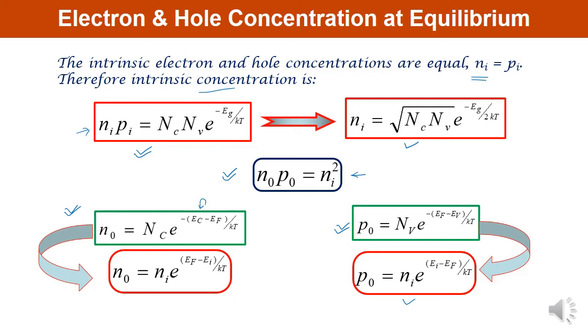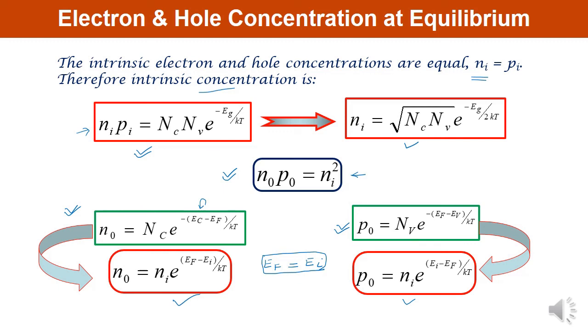So this form of equation indicates directly that electron concentration is Ni when Ef is at the intrinsic level. Here Ef is at intrinsic level, denoted as Ei, and accordingly you have substituted it and got these two equations.